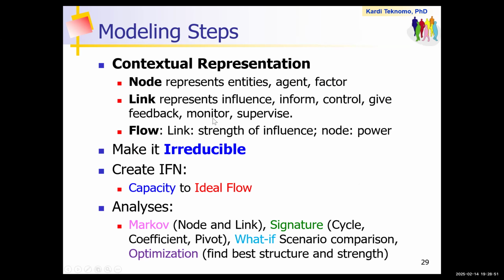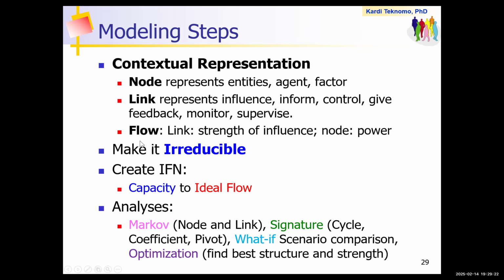The links are influence, inform, control, give feedback, monitor, or supervise. Is that clear? The flow in the links represents the strength of influence. The flow in the node represents the power of that agent or that factor.